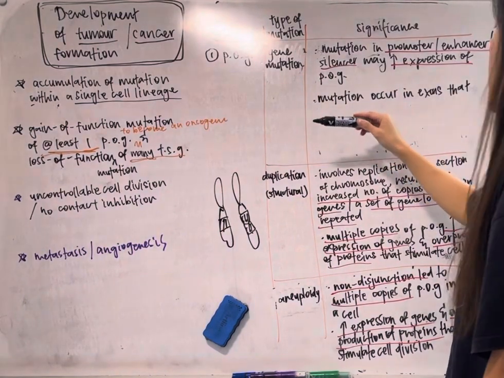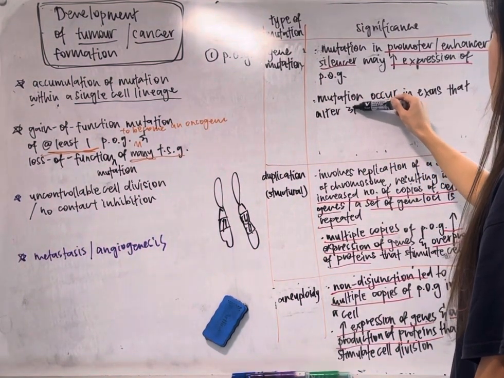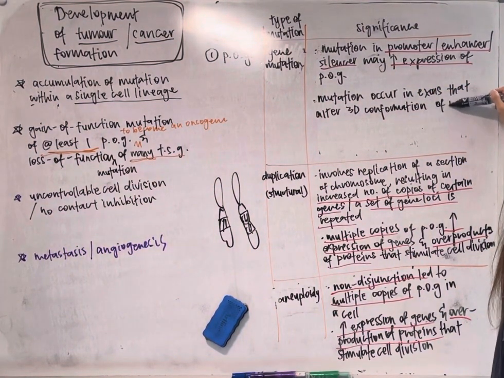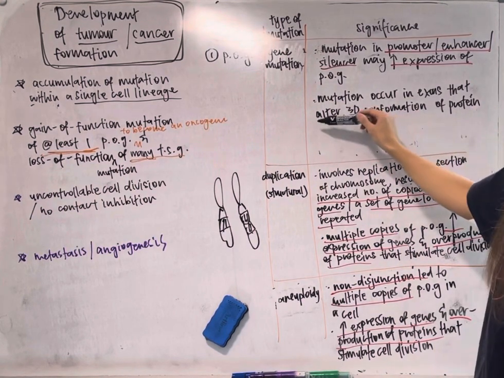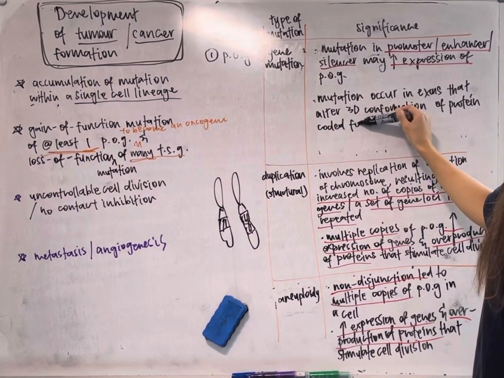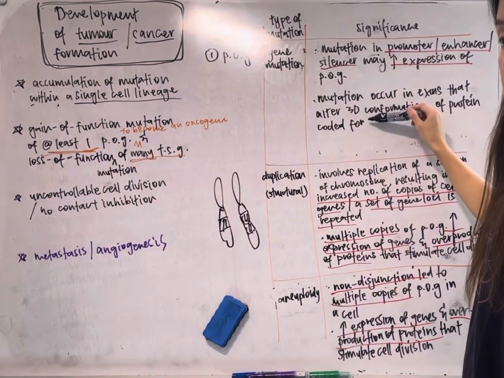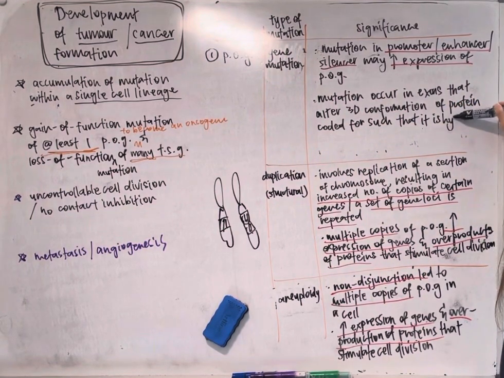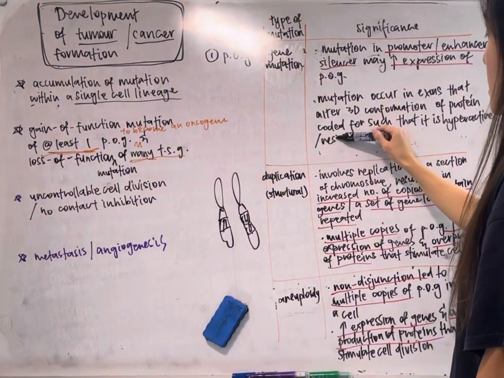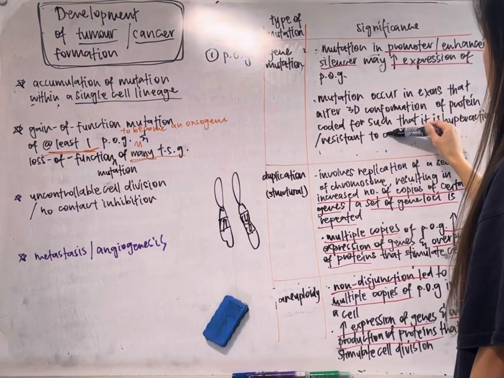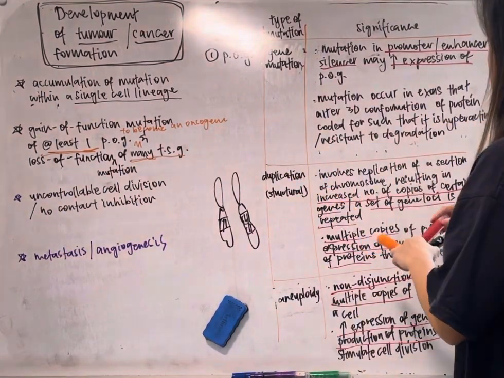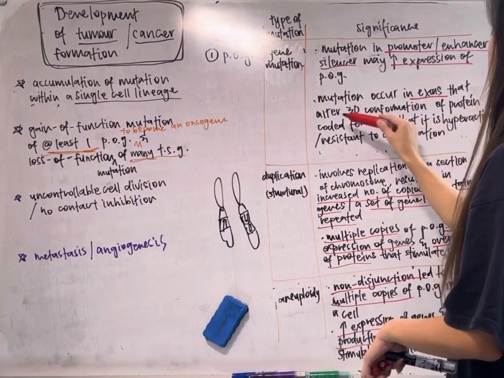Whenever you change your nucleotide, it will alter the 3D conformation of the protein coded for, such that it's now hyperactive, or resistant to degradation. I'm going to give you an example: you have a mutation in your receptor.